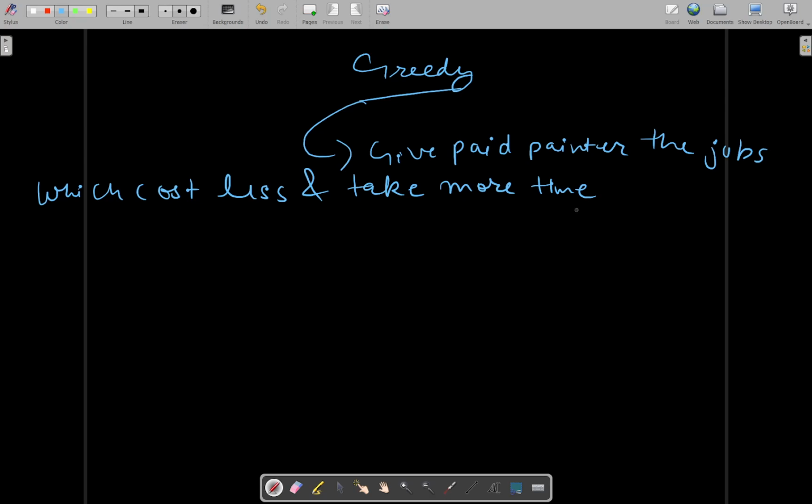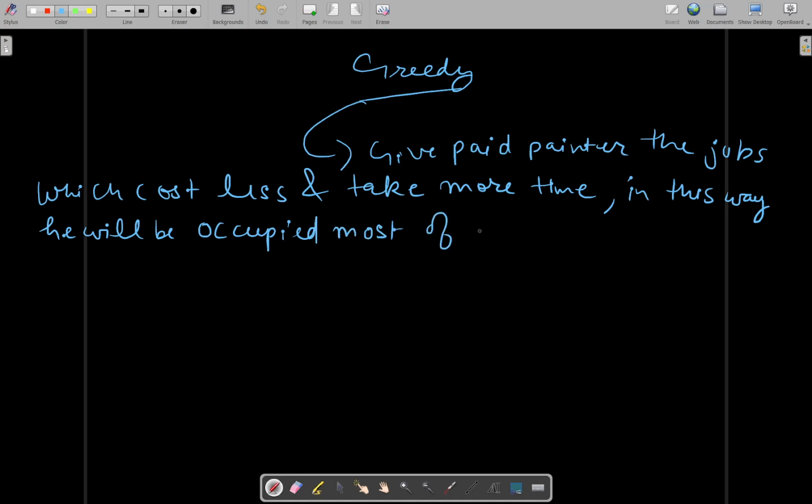In this way, he will be occupied most of the time, and the free painter can paint the more expensive walls.